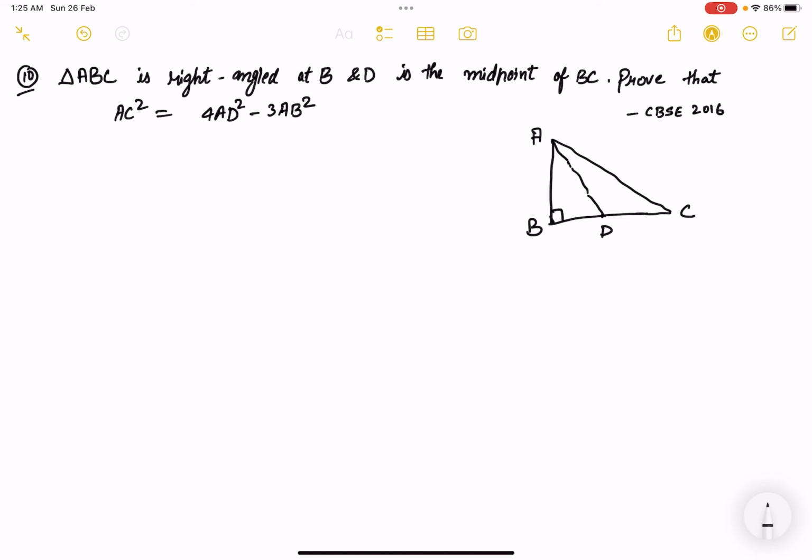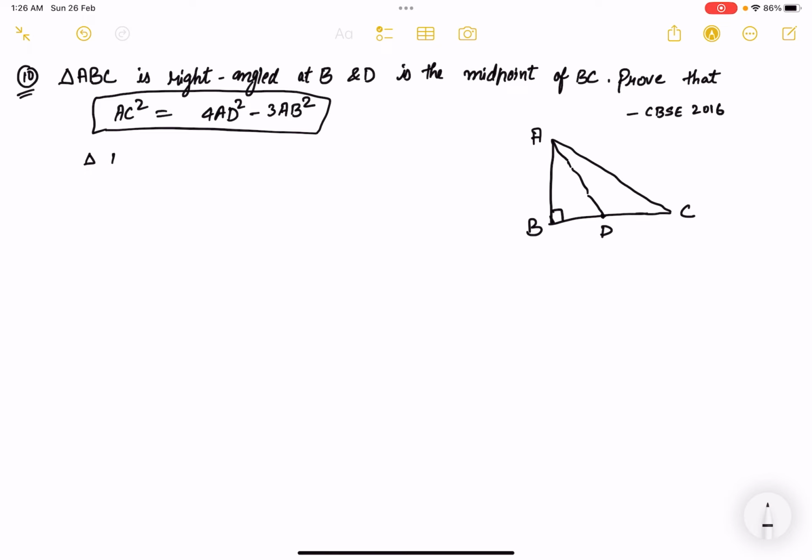Now let's take the 10th example. This question is the same as the previous one, only the final expression is changed. Again, we have a triangle ABC right angled at B, and D is the midpoint of BC. We have to prove that AC square is equal to 4AD square minus 3AB square. Again, angle B is 90 degrees. We have two right angle triangles.